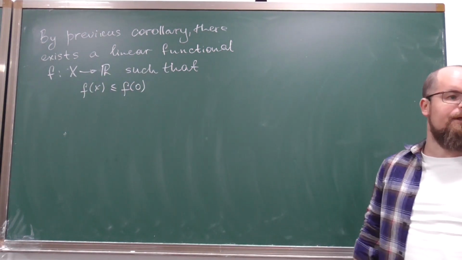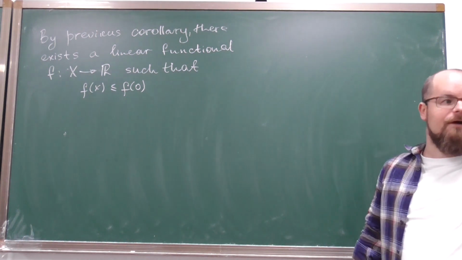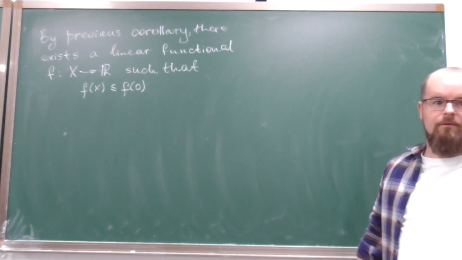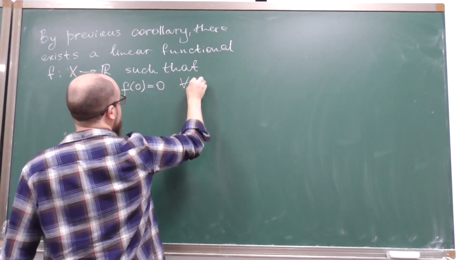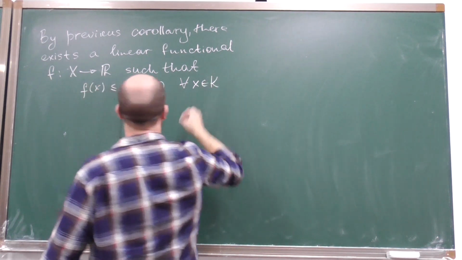But the functional is linear, so what is the value of f at 0? It is 0, for any x from K.